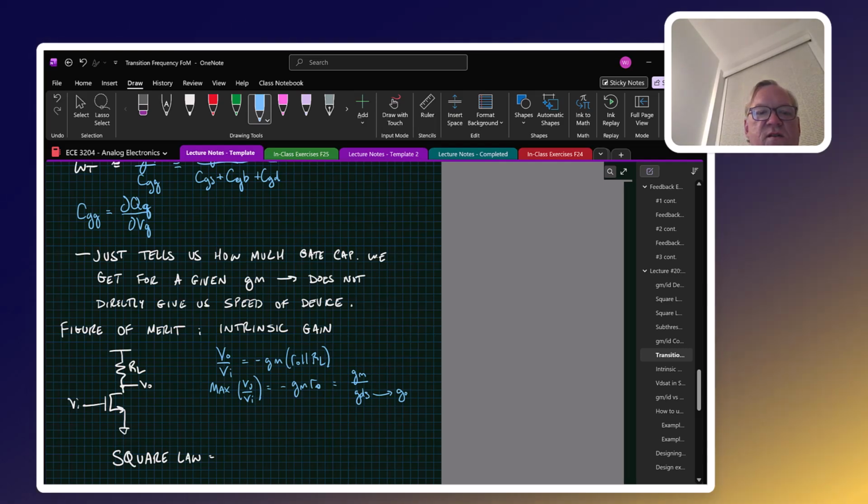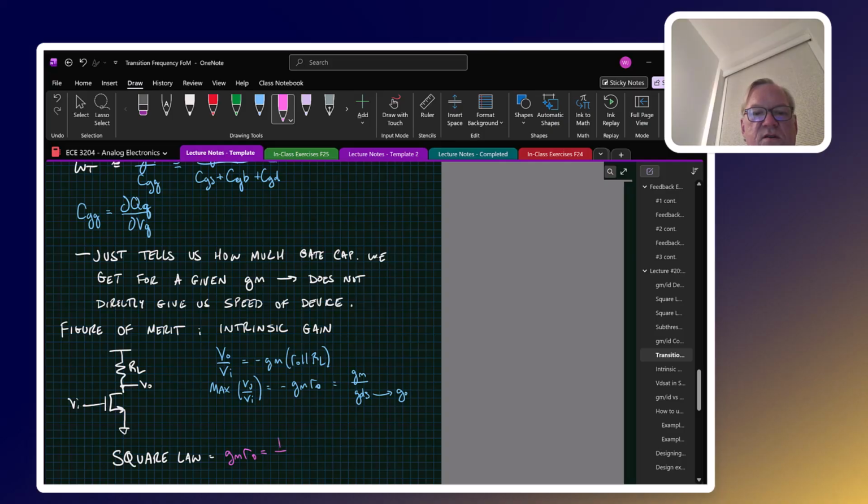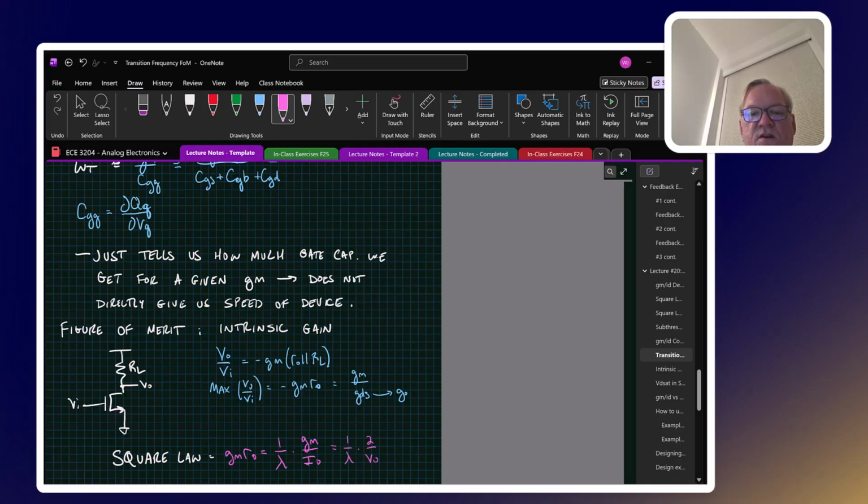Now for a square law device, we can say that GM RO is equal to 1 over lambda times GM over ID, which is equal to 1 over lambda times 2 over VOV.